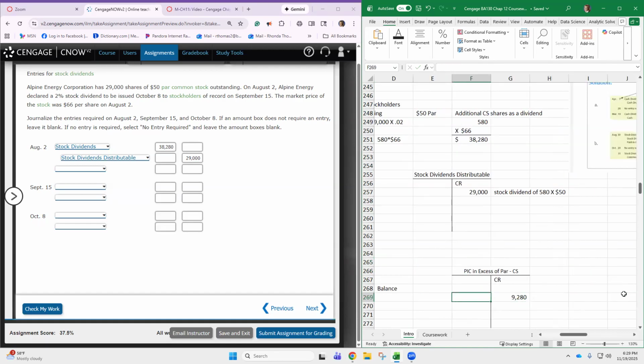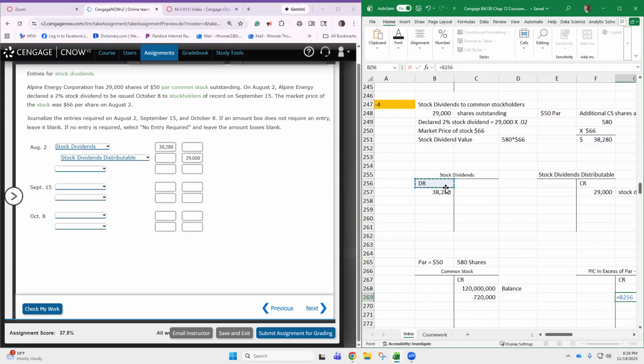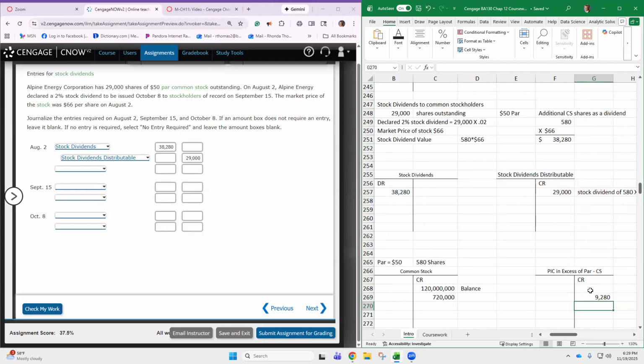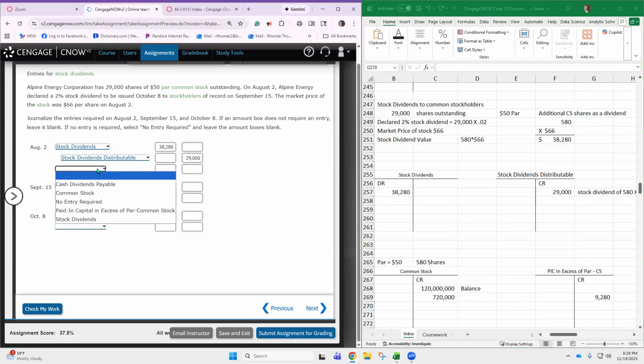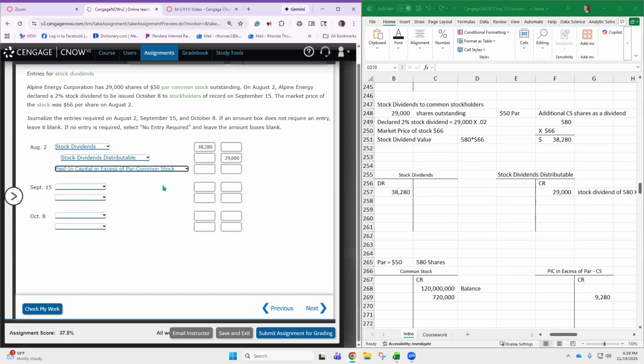So the rest has to come out of here. We take the stock dividend value, subtract the stock dividends distributable, and the excess is 9,280. So this is going to be in excess of par common stock.